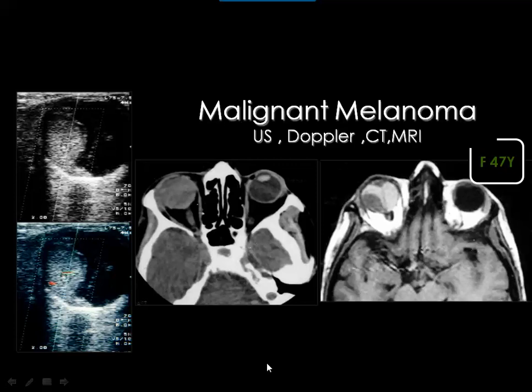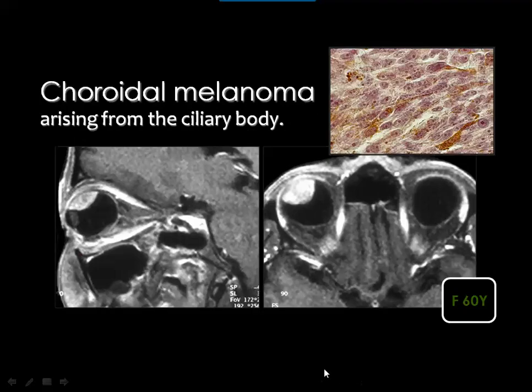Then malignant melanoma will appear by ultrasound, and this is one of the advantages of ultrasound over CT, especially when there is associated vitreous hemorrhage. The ultrasound can see the lesion better against the vitreous and can assess the vascularity of the lesion by the Doppler, and MRI is good if there is hemorrhage because of the clear difference between the signal intensity of the lesion and the hemorrhage inside the globe.